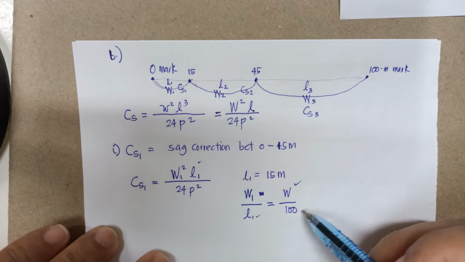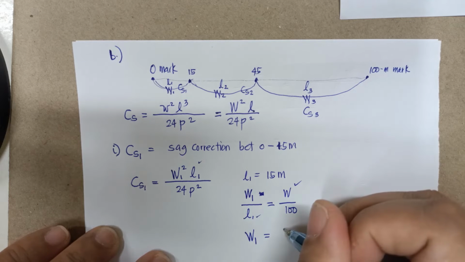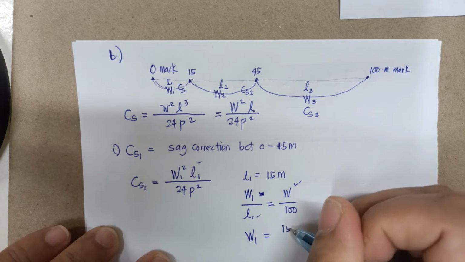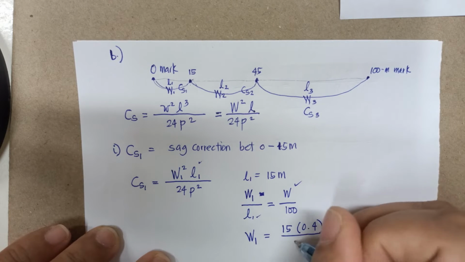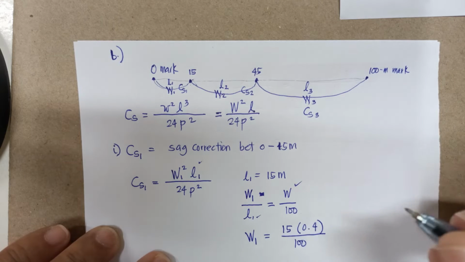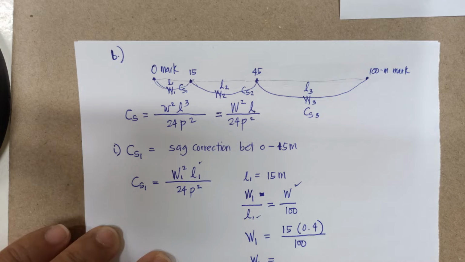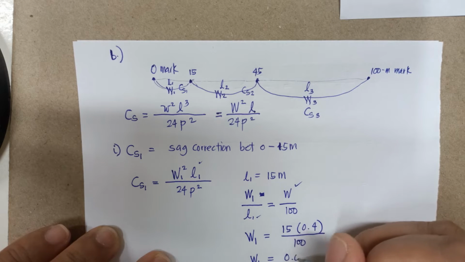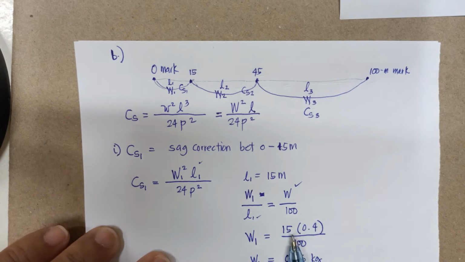Of course, the 100 gives us 15 times 0.4 divided by 100, and W sub 1 is equal to 0.06. This is in kilograms. Meters cancel out meters, leaving the kilograms.